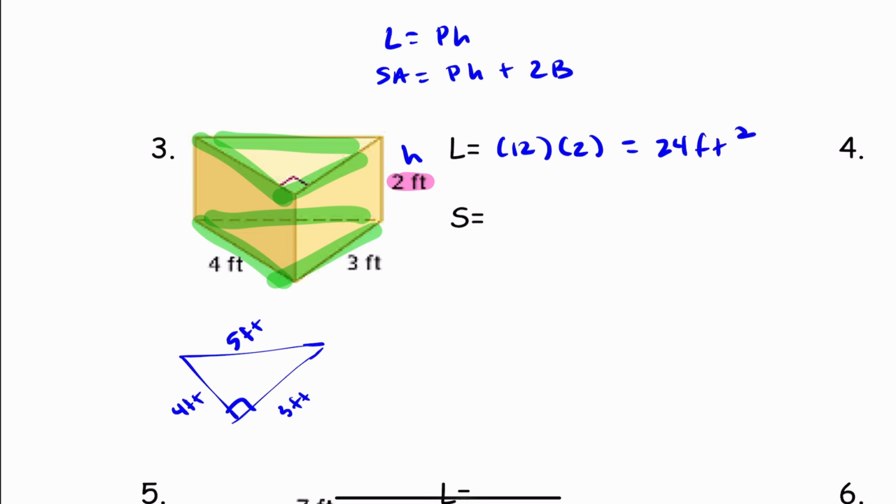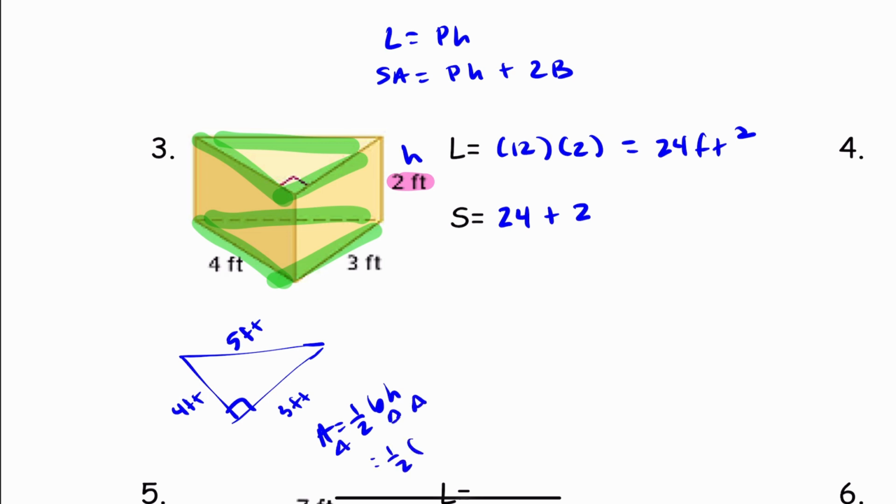And the surface area is the lateral area plus the 2 bases, or the area of the base. So since the base is a right triangle, I just do A equals 1/2 base times height. The base of the triangle and the height of the triangle.